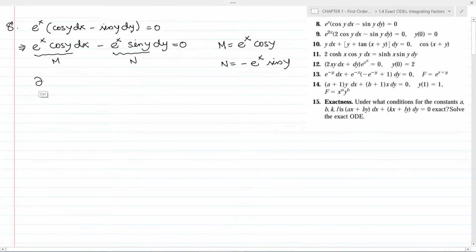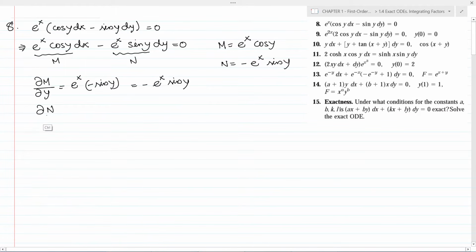So now we will calculate del M by del y, which will be equal to the derivative of this function. We will take x equal to constant, so e to the power x comes out of the derivative, and the derivative of cos y with respect to y is minus sin y. So this is equal to minus e to the power x sin y.